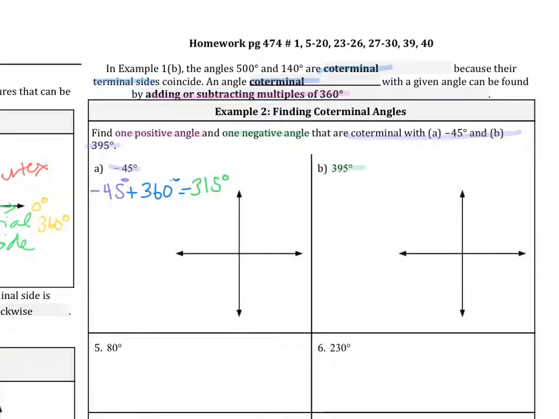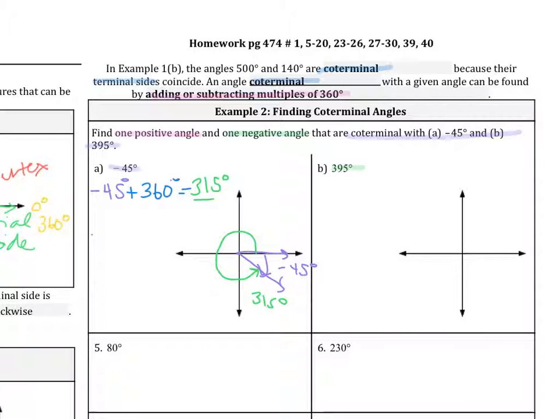Let's draw the negative 45 degrees first. Negative 45 is here, it's halfway, and it goes clockwise because it's negative. Then positive 315 degrees rotates this way, and it ends here, still in the same exact spot. Then we need to find a negative angle.